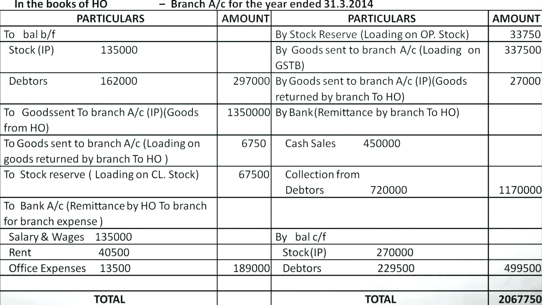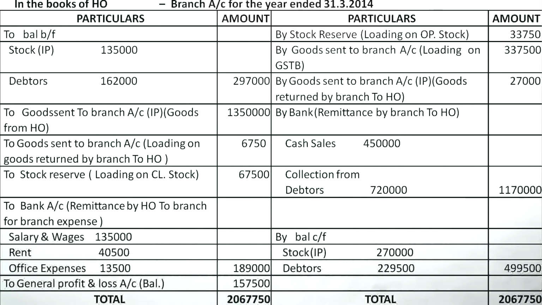Ultimately, the difference on the debit side of branch account comes to 1,57,500. This is net profit through branch. This amount will be transferred to general profit and loss account. So journal entry regarding this 1,57,500 will be very simple.